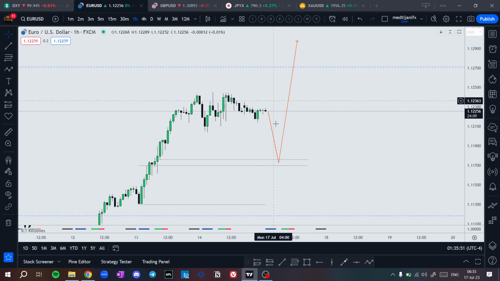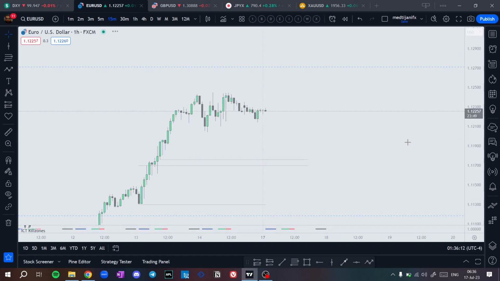But I want to see a double break of market structure, a confirmation that we are making higher highs and higher lows to confirm that price is bullish. Until then, I'm waiting for this level here.